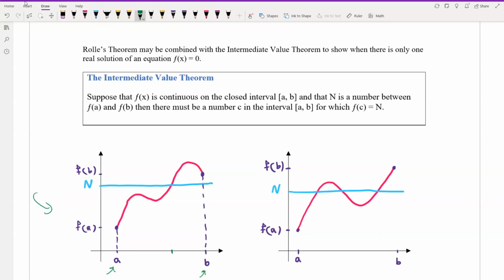So here I have this point, drawing this vertical line, trying to cross this curve. So here we have C between A and B. In this case, f of C is equal to N.